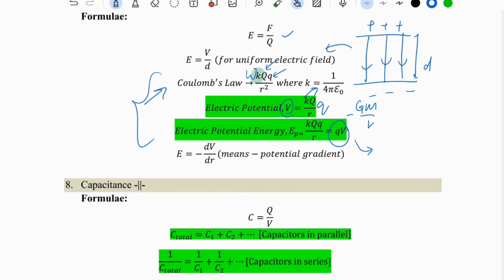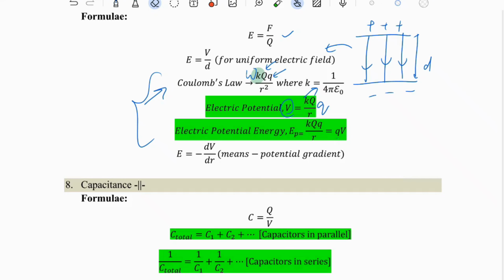Gravitational potential energy is GMm over r, or you can write it as phi m, right? And this one is qV, because this is equal to phi, and if you times this by m, you're going to get this, right? So same thing here. Yeah, so it's almost similar.